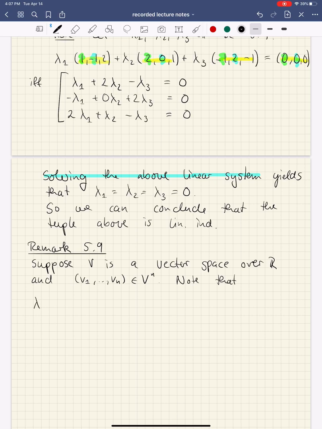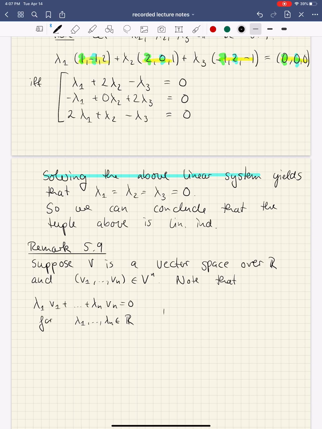If we look at this linear combination here, so we assume that this is equal to 0.